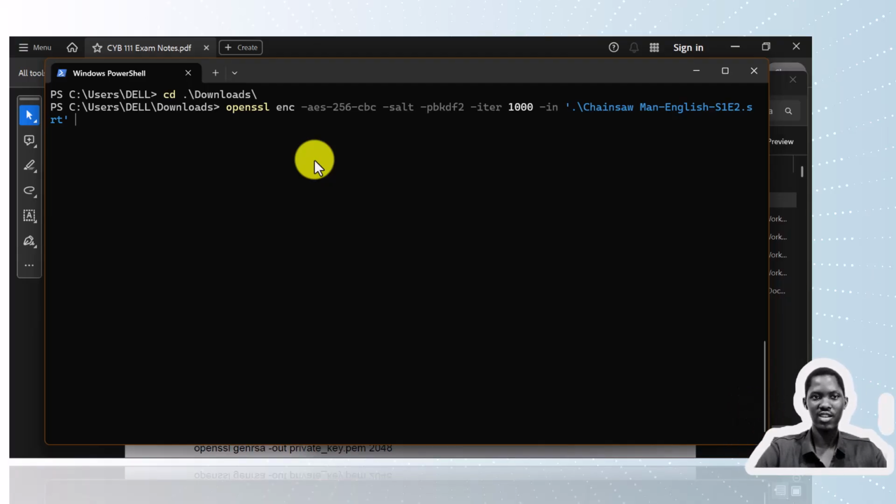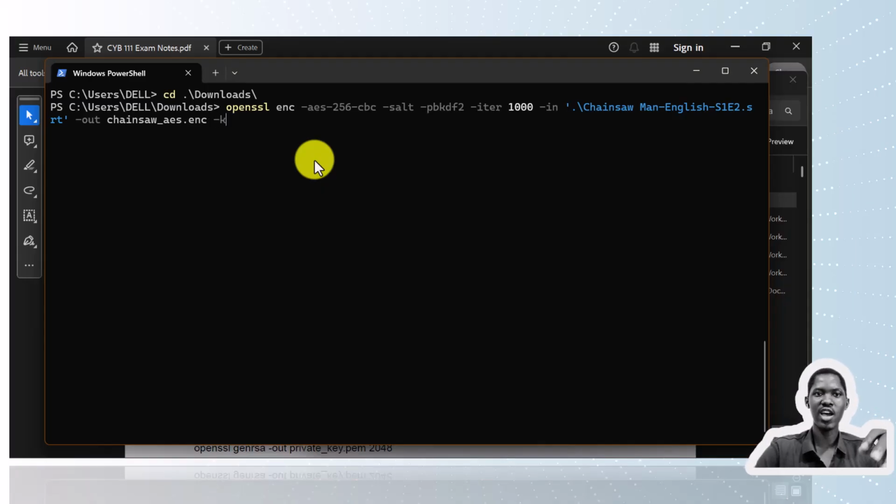Right, so I'm specifying it. Then I'll specify the output file, what I get after encryption, the ciphertext. So I want to give it a name. Let's say chainsaw_AES.enc. All right, so that's the name that I want to give it.